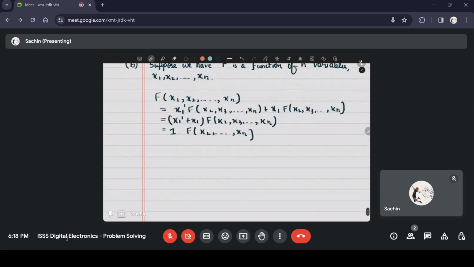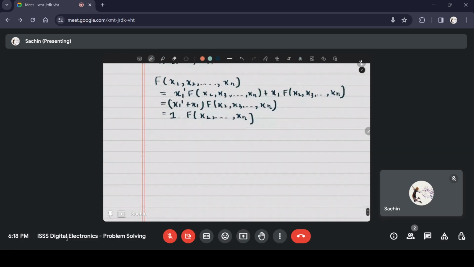Now we can use: if f of x2 to xn is equal to 1, then f of x1 to xn is equal to 1.